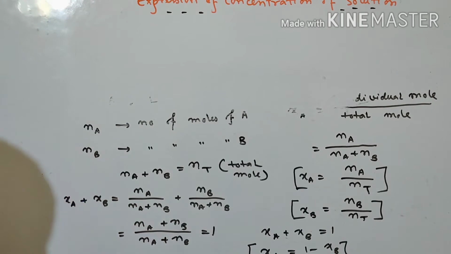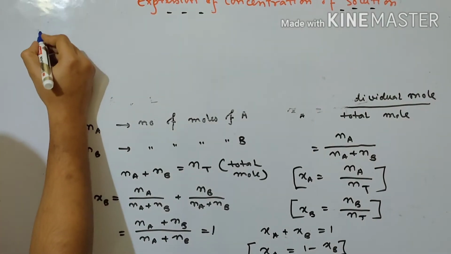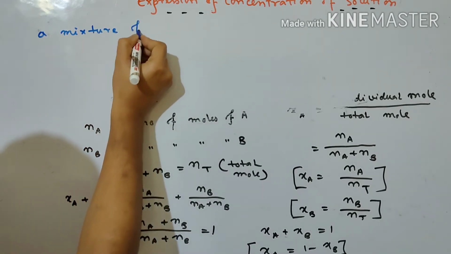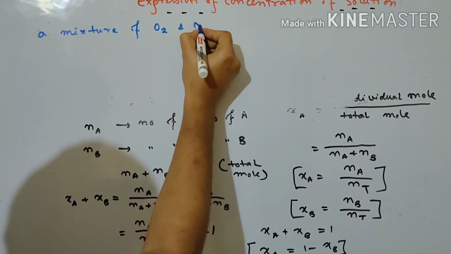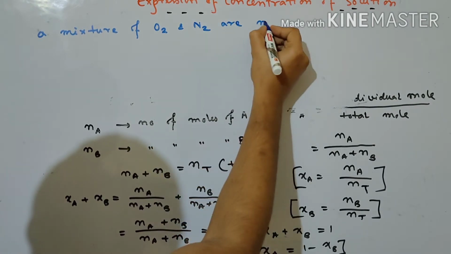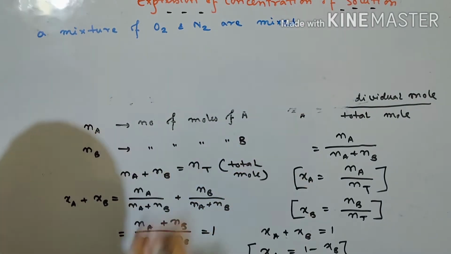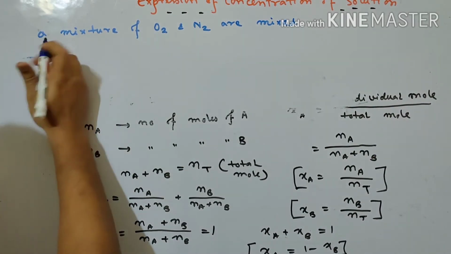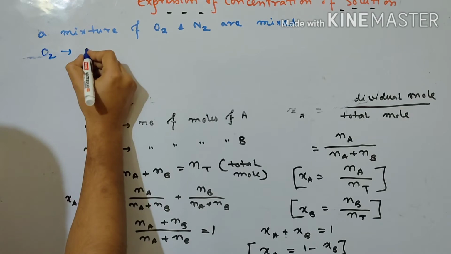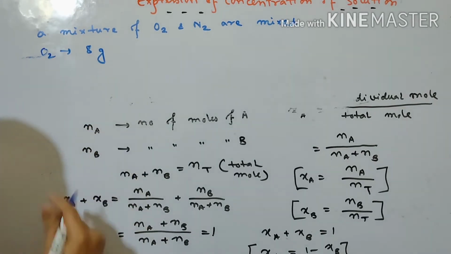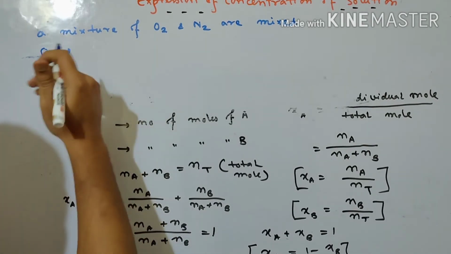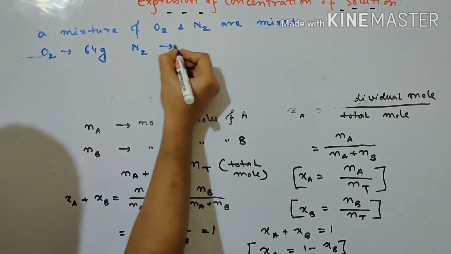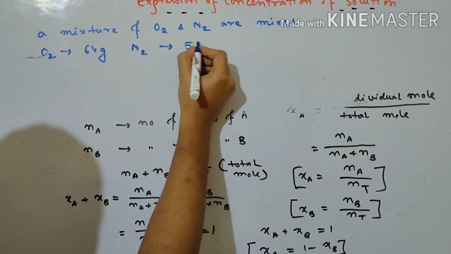Suppose a mixture of oxygen and nitrogen are mixed. Oxygen that is present is, suppose, 64 gram, and nitrogen that is present is, say, 56 gram.